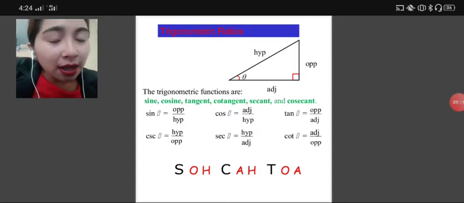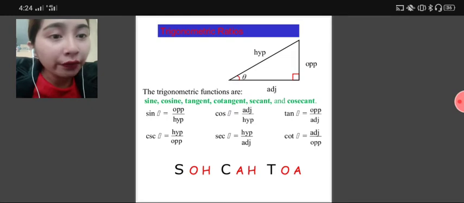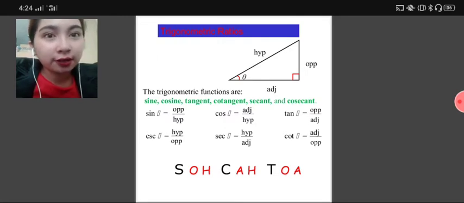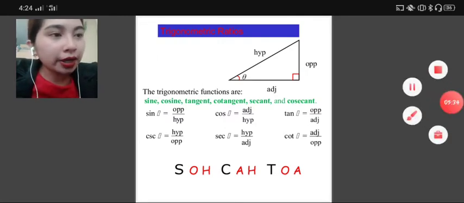SOHCAHTOA means sine is equal to opposite over hypotenuse. Cosine is equal to adjacent over hypotenuse. Tangent is equal to opposite over adjacent. The formulas are indicated on the screen.